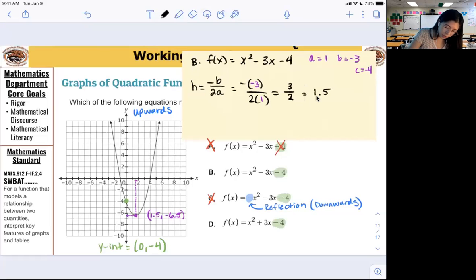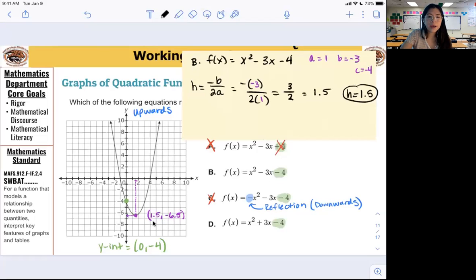All right, so I have my H value. So far, am I good or am I bad? So my question is this answer choice so far, is it good to go or is it wrong? We don't know yet. But we know the H value.